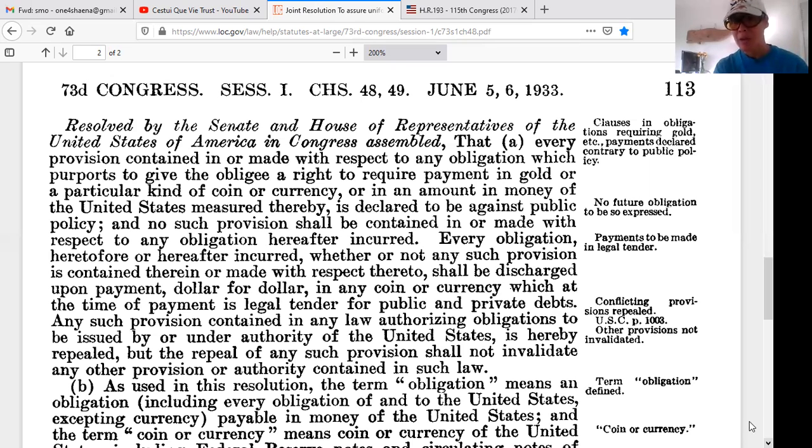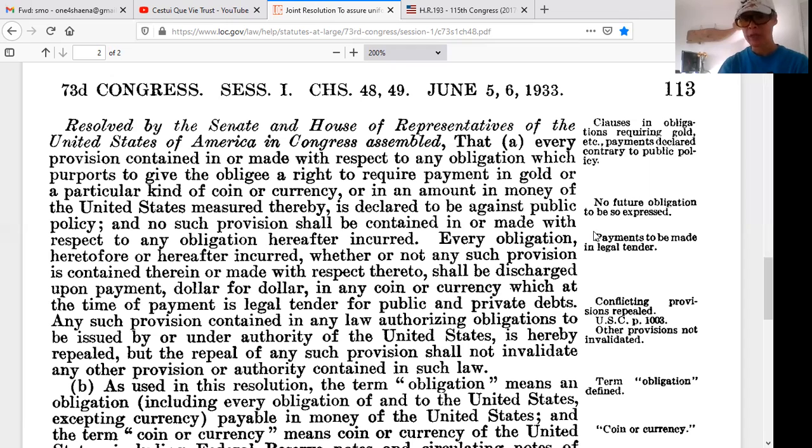Every obligation heretofore and hereafter incurred, whether or not any such provision is contained therein or made with respect thereto, shall be discharged upon payment, dollar for dollar, in any coin or currency which at the time of payment is legal tender for public and private debts.